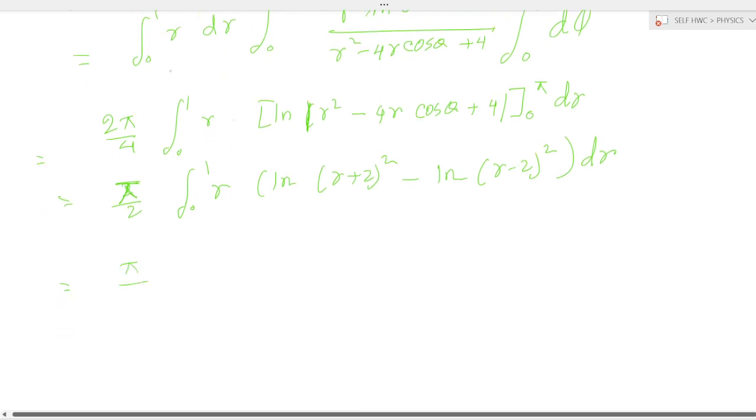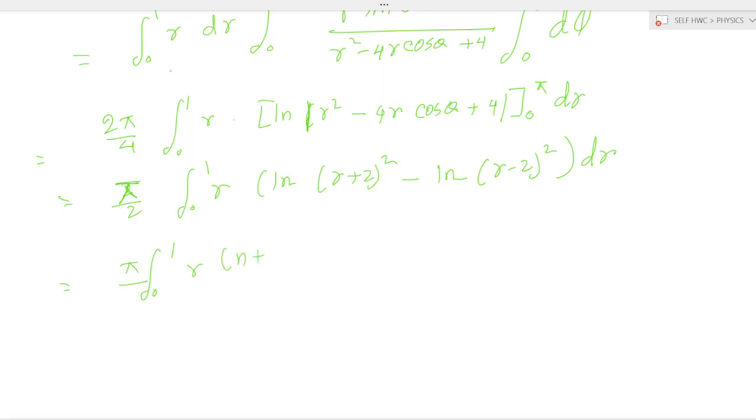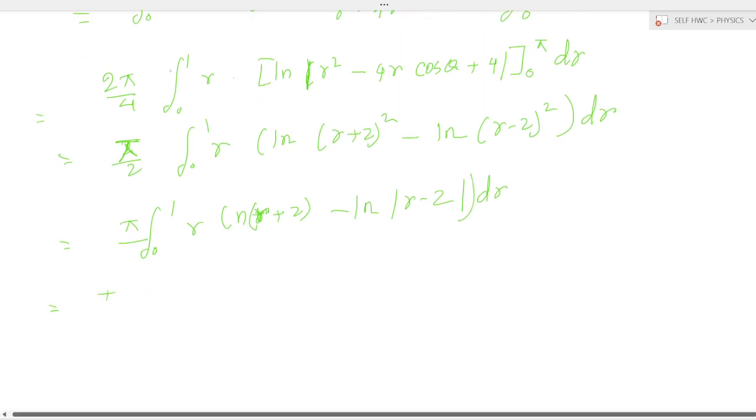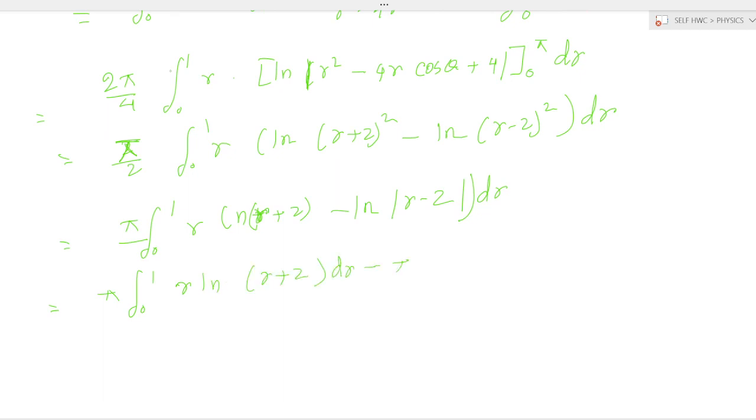And this is equal to pi times the integral from 0 to 1 of r [ln (r+2) − ln (r−2)] dr, which is equal to pi times the integral from 0 to 1 of r ln (r+2) dr minus pi times the integral from 0 to 1 of r ln (2−r) dr, as r ≤ 1.